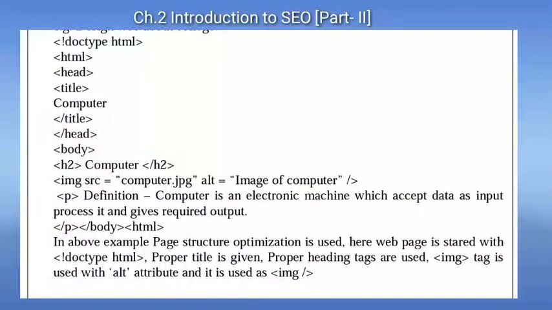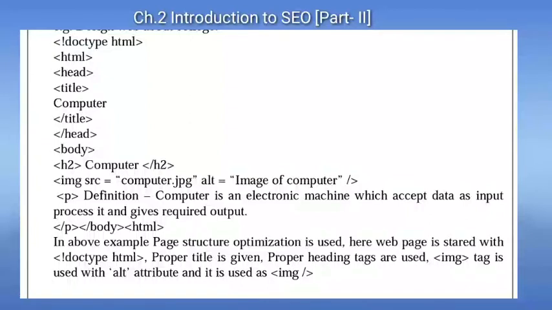Consider this program. This program is developed by using page structure optimization. Here, document or web page started with explanatory sign doc type HTML tag. In title and slash title, proper title is given. This page is about computer, so title is given computer.